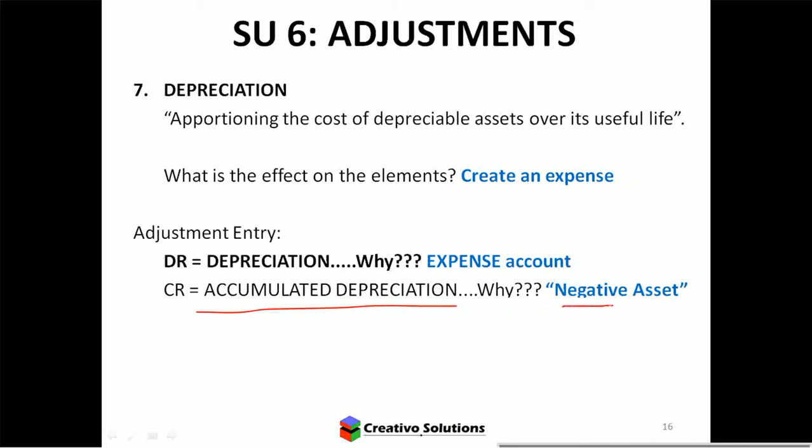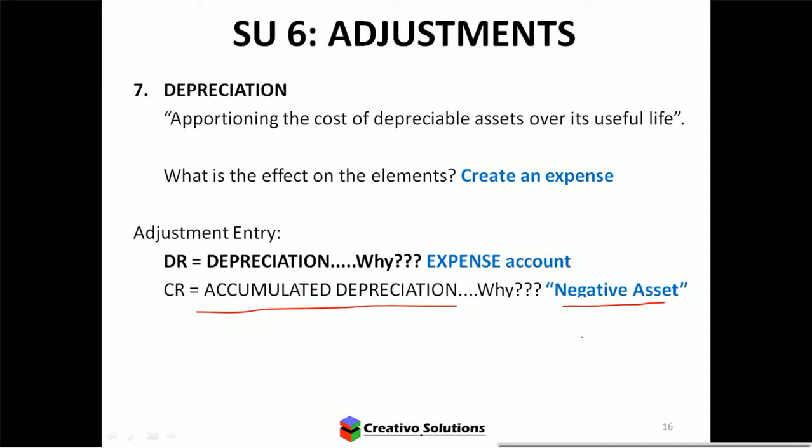Negative asset, right? So what is the value of the vehicle? Its cost minus its accumulated depreciation. If I buy something, can I change the cost? No. The cost is how much I paid when I bought the asset.